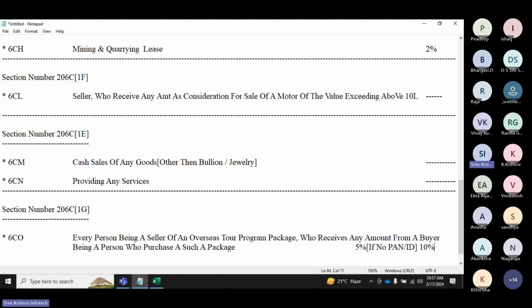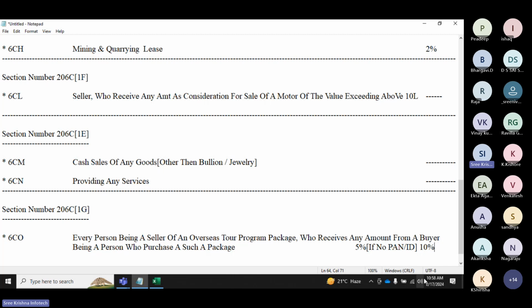If the person having PAN card or Aadhaar card or any other kind of ID proof submission, the tax is going to be applicable 5%. There is no ID proof, then it will be 10%. Remaining 5%, it is called like a punishing. We are giving the punishment as a 5% additional penalty.